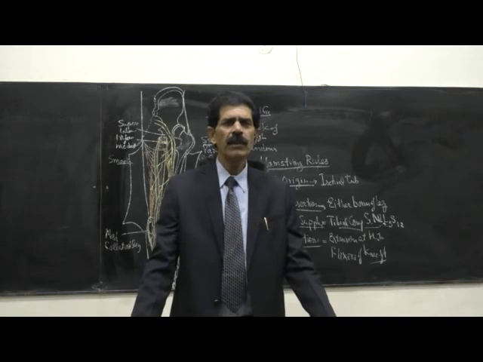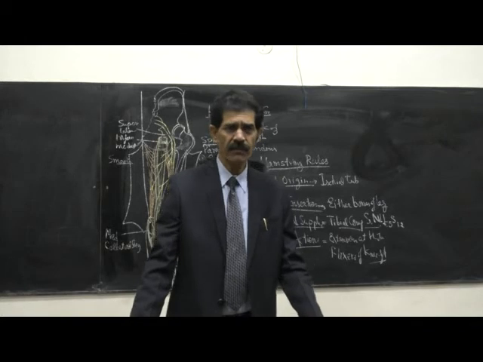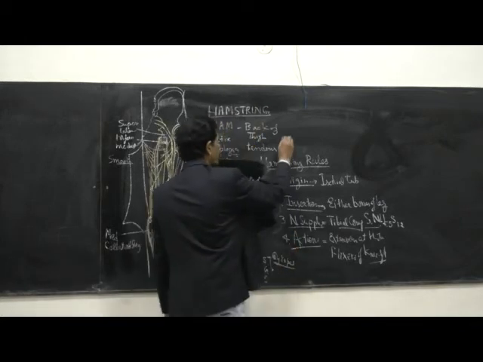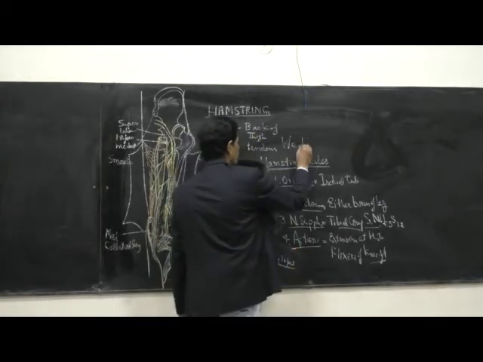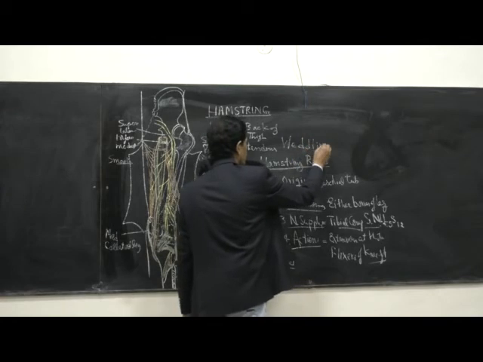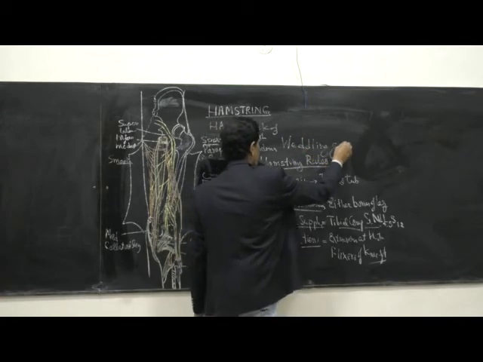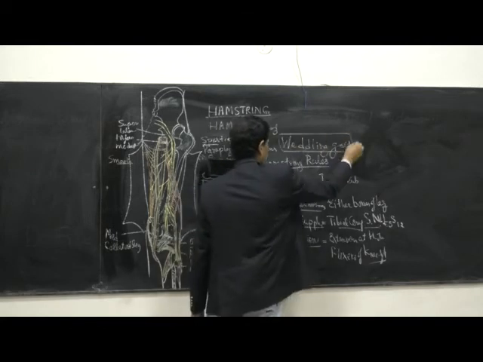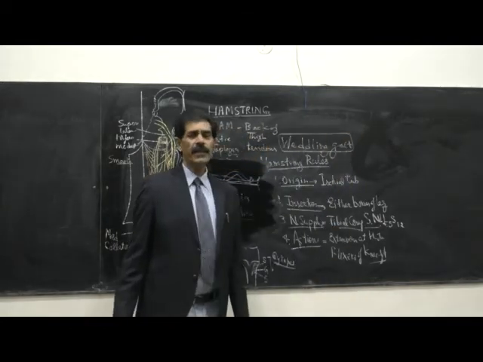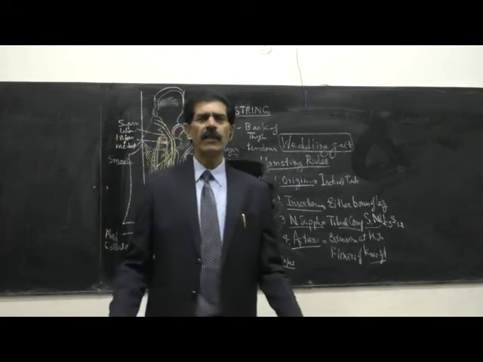So both these muscles get paralyzed, and paralysis of these two muscles leads to the waddling gait, or duck-like gait. So in this gait, what happens?